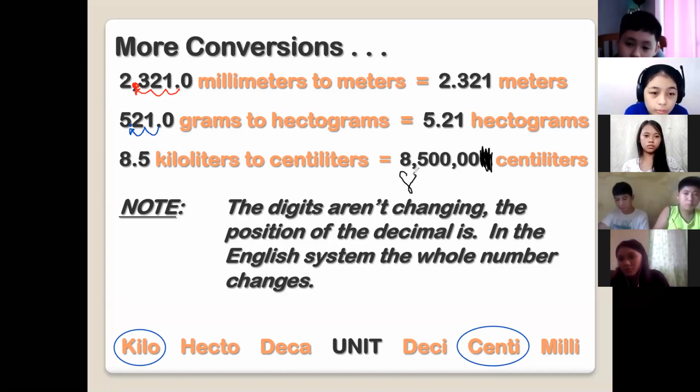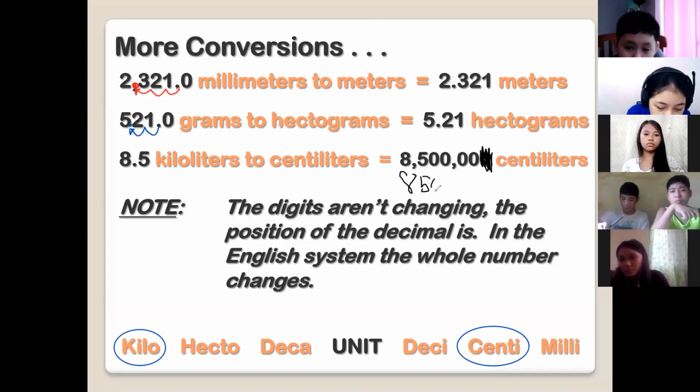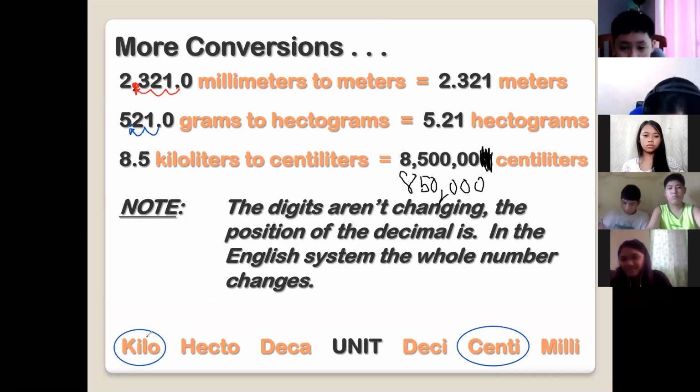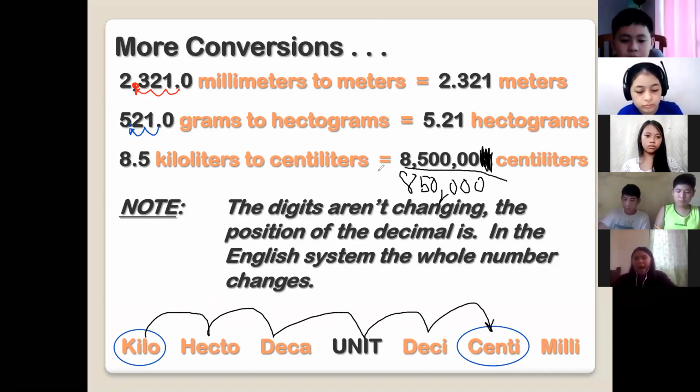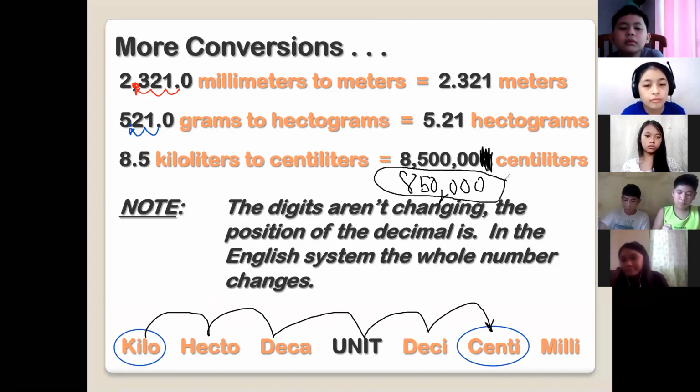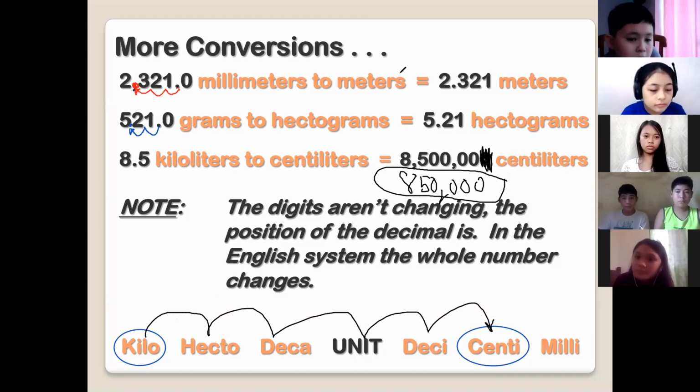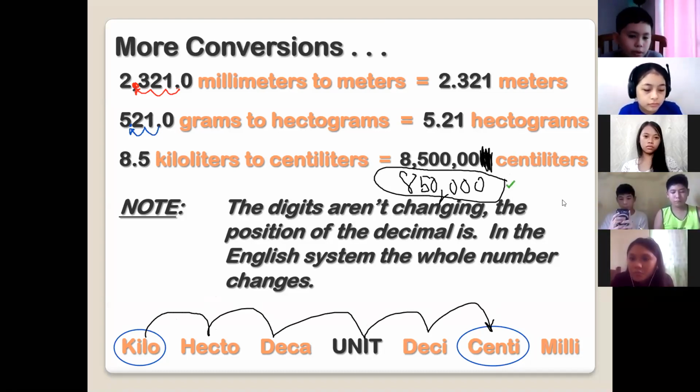So we have 1, 2, 3, 4, 5, the same number of times you move the decimal point from kilo to centi. 1, 2, 3, 4, 5. So 5 times. The answer is not 8 million. Pardon me for the typo, class. The answer is 850,000. This is the correct answer.